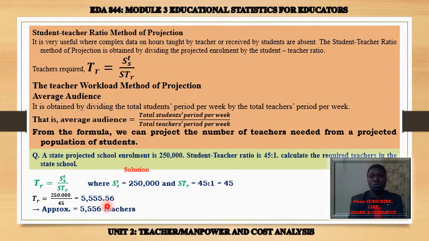If you round it down to 0, it will not have any effect on the digit before it, so it will still remain 5,555. But if it is up to 5 or more than 5, let's say 5, 6, 7, 8, 9, then we round it up to 1 and add it to the digit before it, and it will become 6. This is how to approximate.